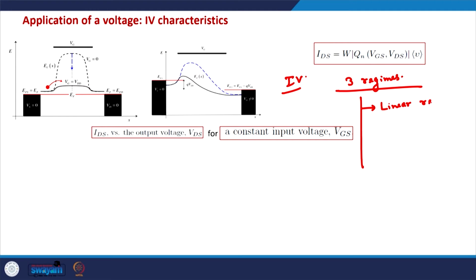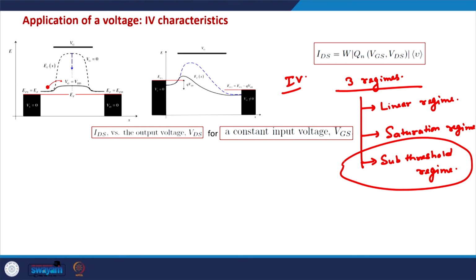One is the linear regime, second is the saturation regime, and the third one is known as the sub-threshold regime. This we will come to a little bit later.